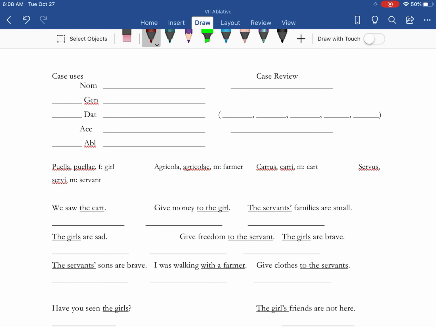Case review. And the formatting got a little weird, but nominative: subject, predicate nominative. Apostrophe S or S apostrophe, genitive, possession. Dative, to or for, indirect object.